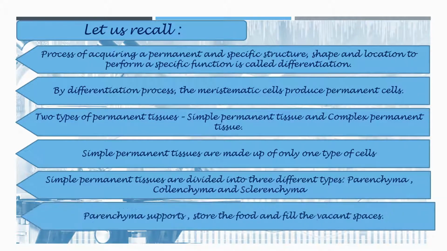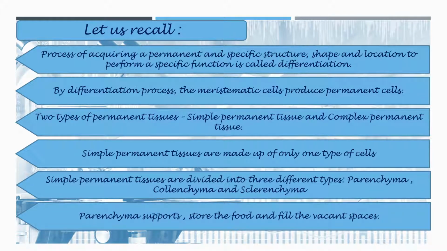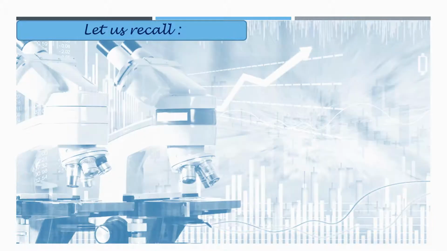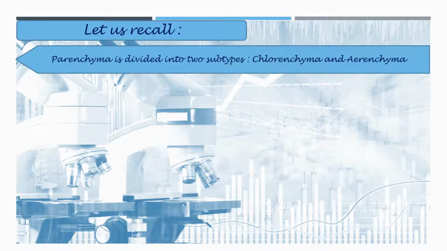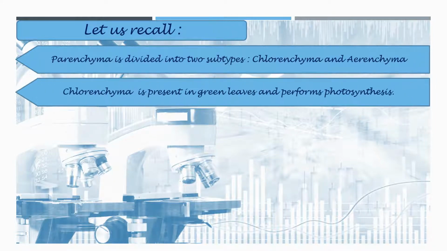Further, parenchyma supports, stores food, and fills the vacant spaces, and parenchyma is divided into two subtypes. The two subtypes are chlorenchyma and aerenchyma.